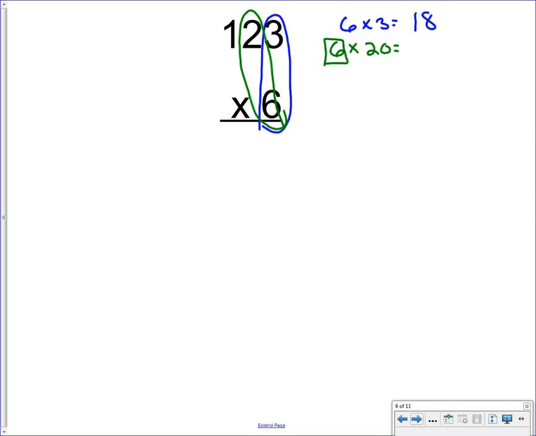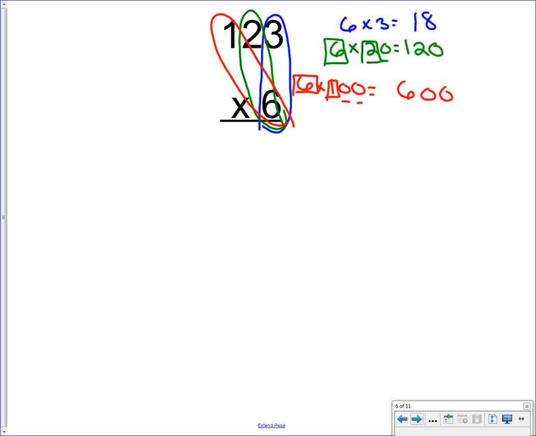Here I've got my 6, my 2, and a 0. 6 times 2 is 12 with a 0. It's 120. And the third one, 6 times 1? No. 6 times 100. Because the 1 is in the hundreds place. So 6 times 1 equals 6 with 2 zeros. Gives me 600. Now we have to add all that up.